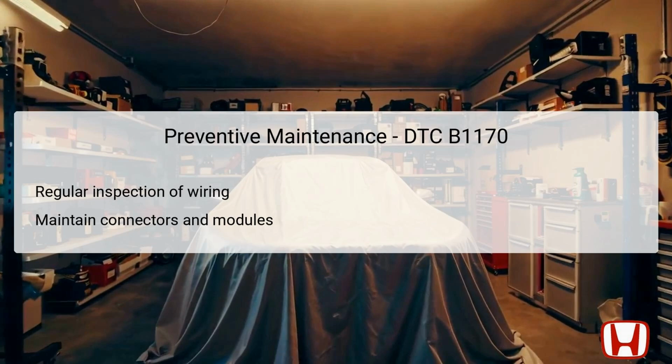Additionally, keeping connectors clean and free from dirt or moisture can enhance their lifespan. Modules should be checked for proper operation and fit as a part of routine vehicle maintenance. By adopting these preventive strategies, vehicle owners can minimize the risk of future communication issues and ensure their braking systems operate effectively at all times.